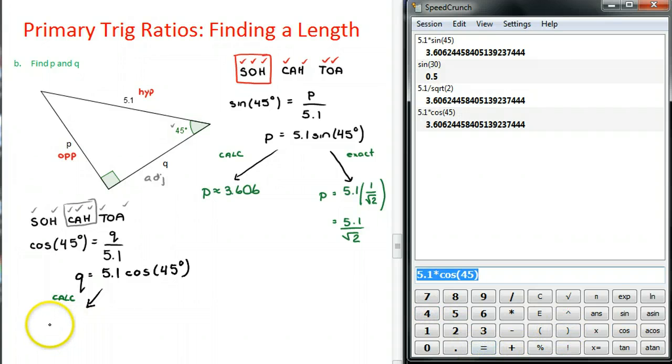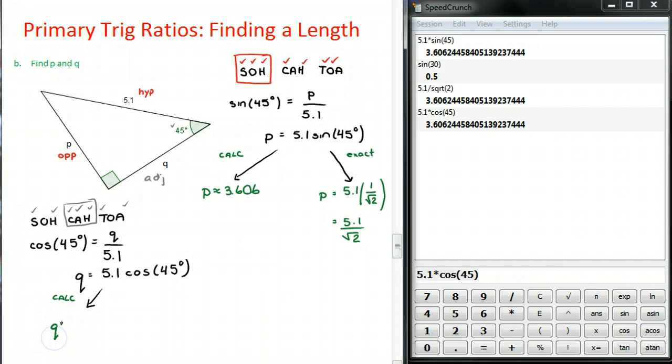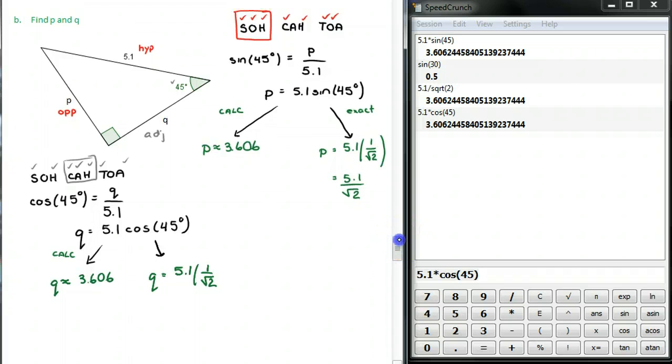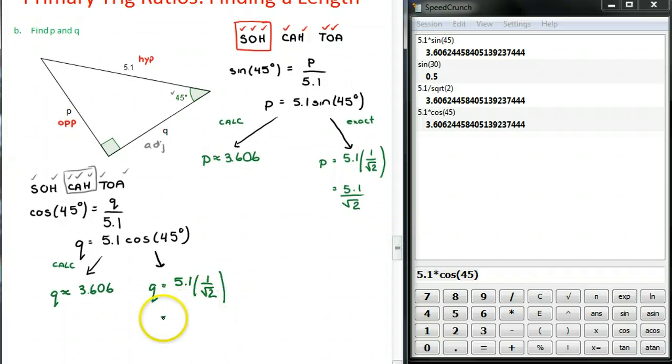And I see I get Q is approximately equal to 3.606, or some people might know the exact value of cos of 45 is 1 over root 2, so Q is equal to 5.1 times 1 over root 2. So Q is equal to 5.1 over root 2.